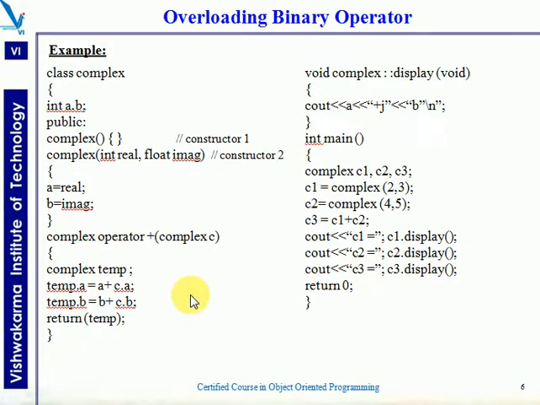This is the example of addition of two complex numbers. We have given the class name as complex. In the public section of the class complex, we have two constructors.